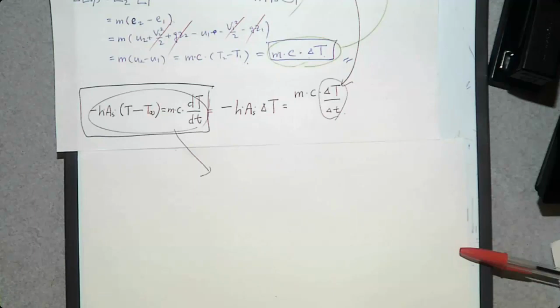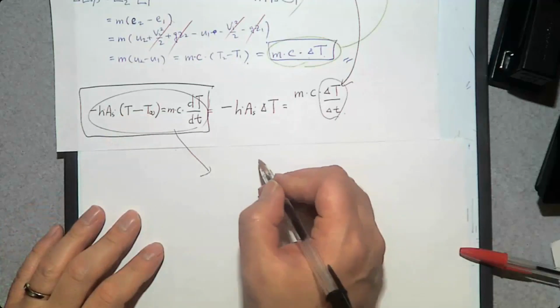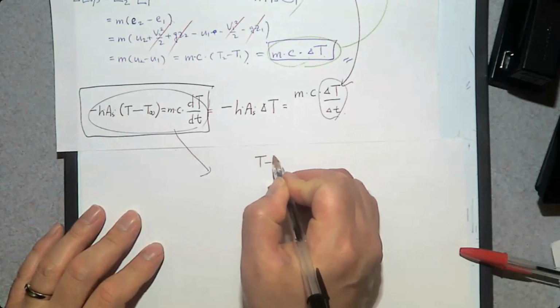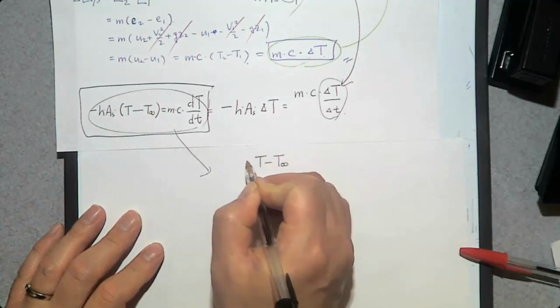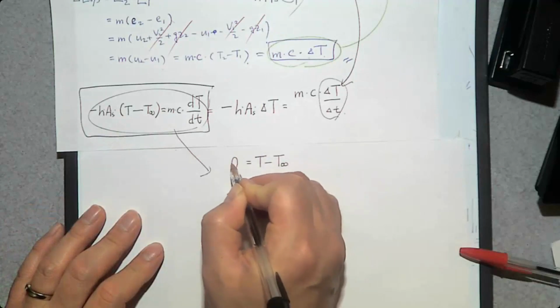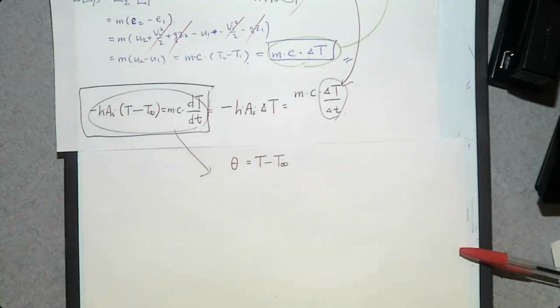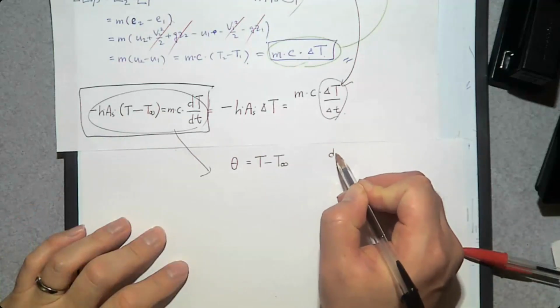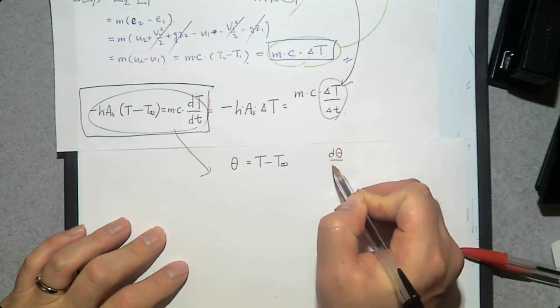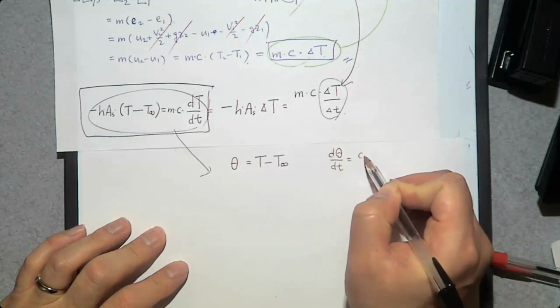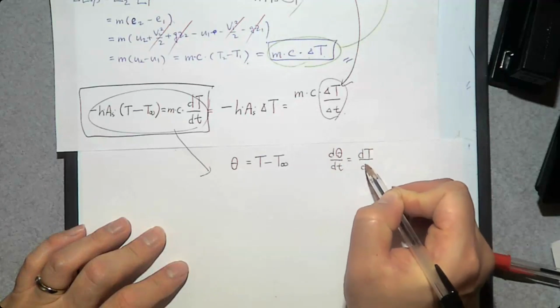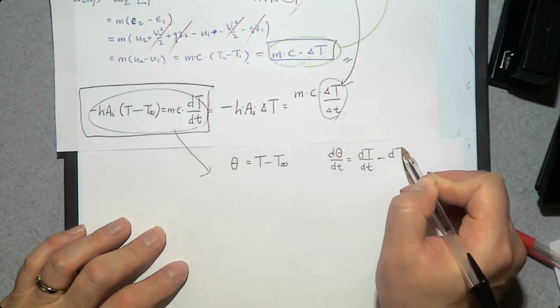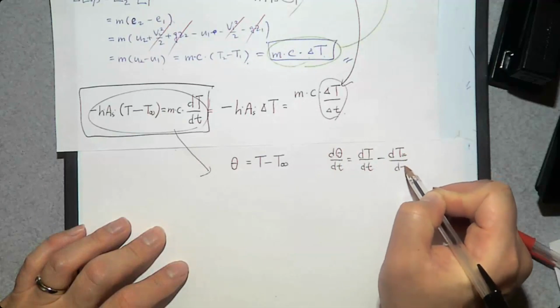So we are going to replace this T minus T infinity with theta. I'm going to say theta is T minus T infinity. Then what is the first derivative of this theta with respect to time? d theta over dt is going to be dT over dt minus dT infinity over d time.